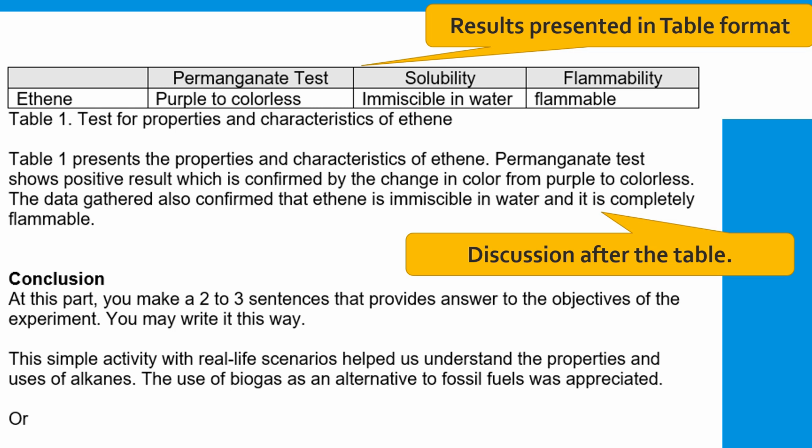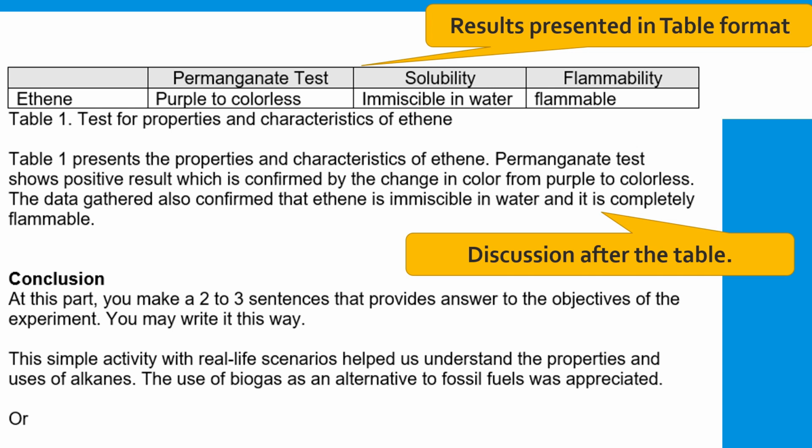Since nag-synthesize ka, so we need to confirm kung ethene nga ba yun. And then, there are series of testing to test the properties or characteristic of this organic compound, solubility and permeability. Simple test lang. Okay. So, yung result nun, present mo sa table.